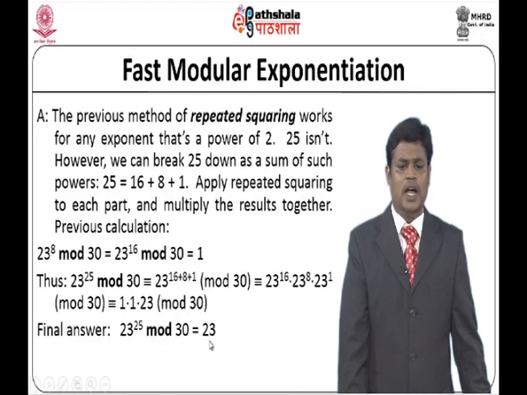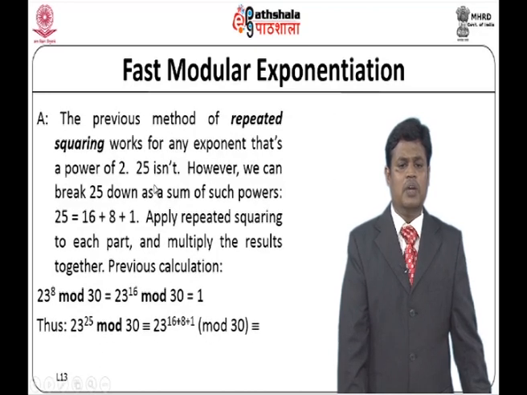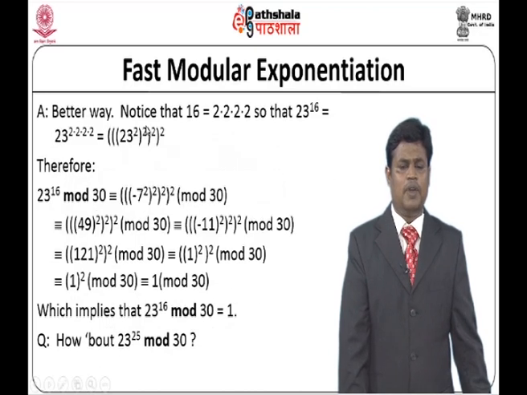So the understanding we get from the first multiplication is that if the exponent is a power of 2, we can square and find the result. As we have the value 25, in this case we take it with the help of the powers: we already know 16, and we have also found 8. 23 power 8 is also 1, and 23 power 16 is also 1.